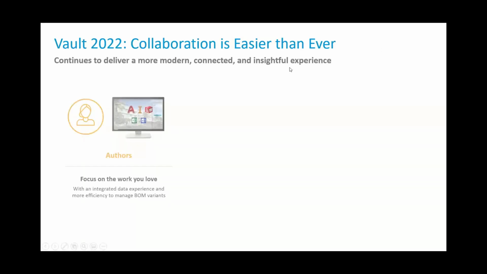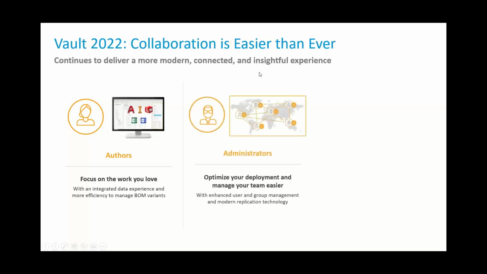So the first persona that they focused on was authors, the people doing the CAD work, probably all of you on the call. People doing the check-ins, check-outs, and working in Inventor or AutoCAD or whatever that might be. The other persona is the administrators, the CAD admin, the IT guy that's overseeing these.